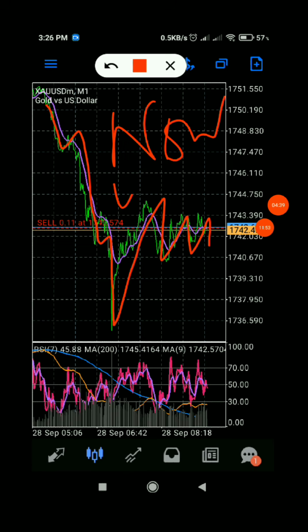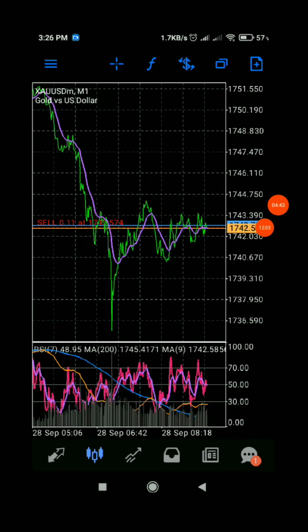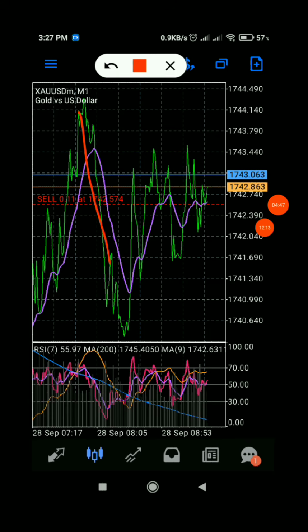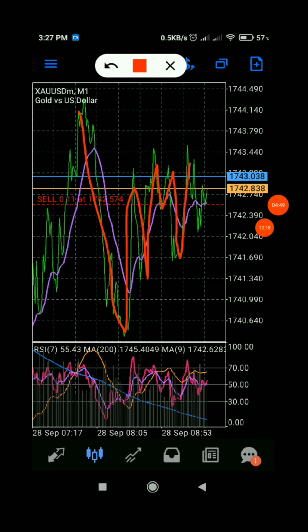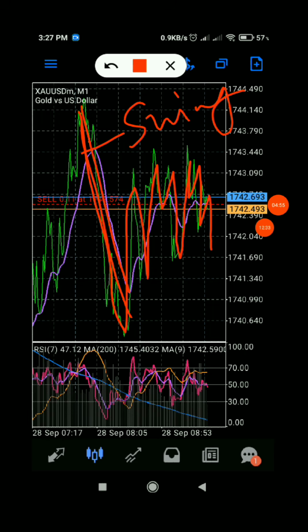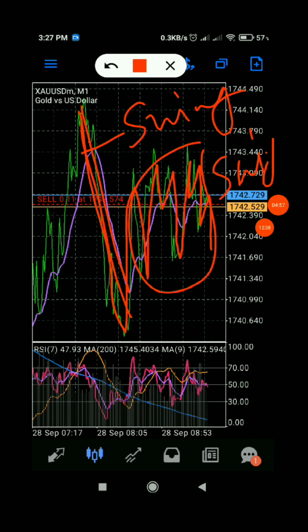Okay, now, that is the swing. Before taking entries, you always have to watch the price swing.